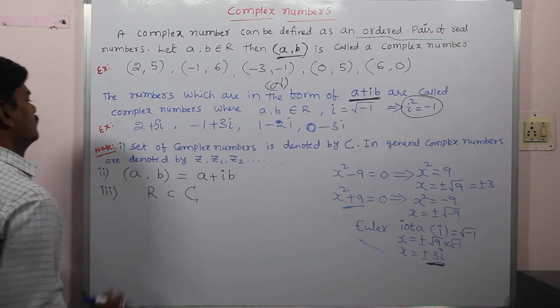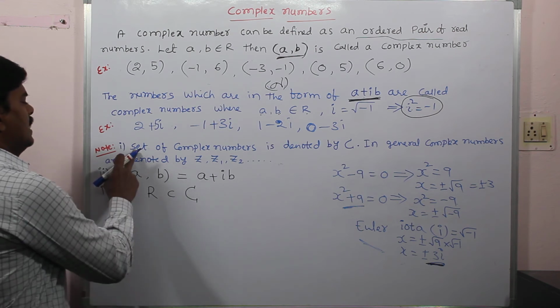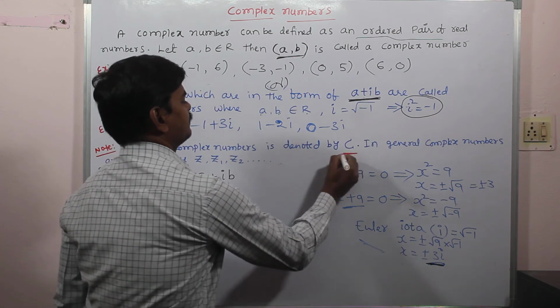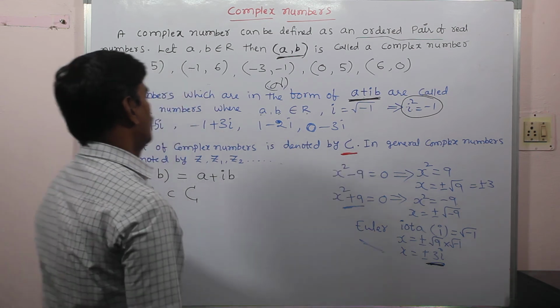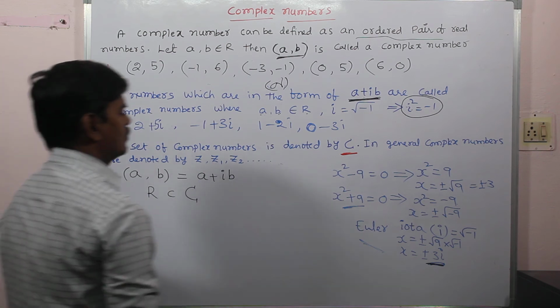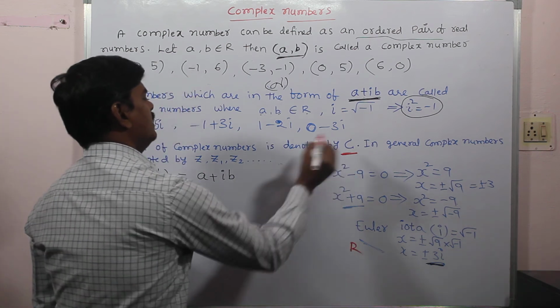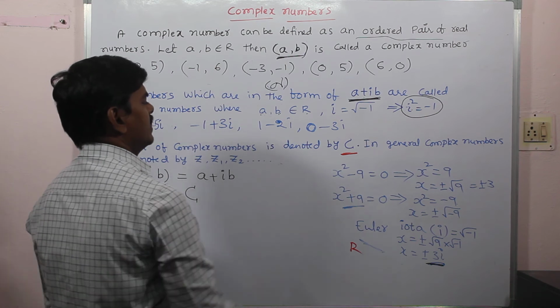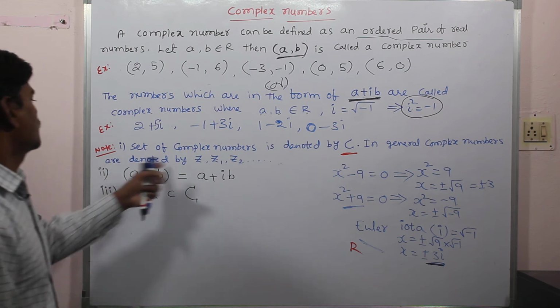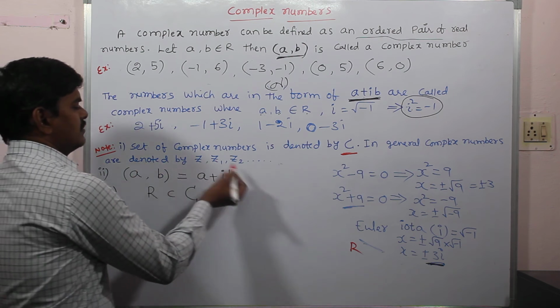There are some points to be remembered. The set of complex numbers is denoted by capital C, as we represent the set of real numbers by capital R. In general, complex numbers are denoted by Z, Z1, Z2.